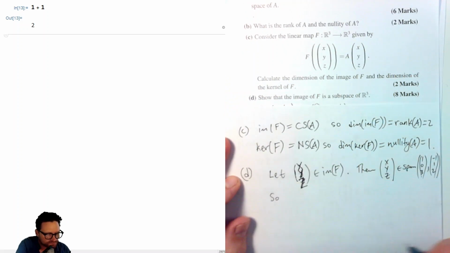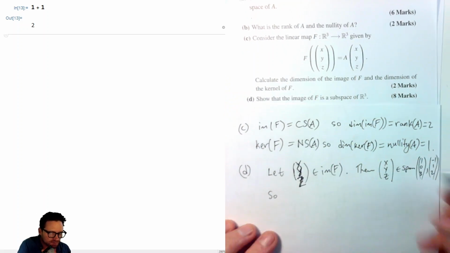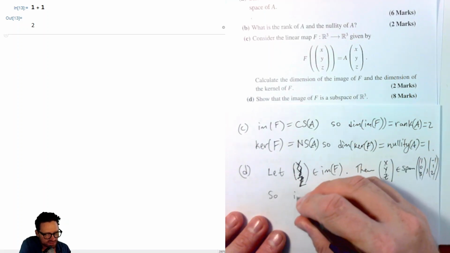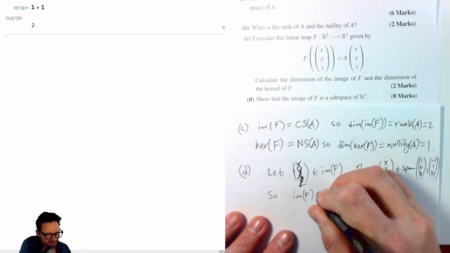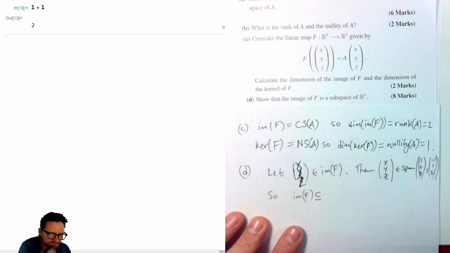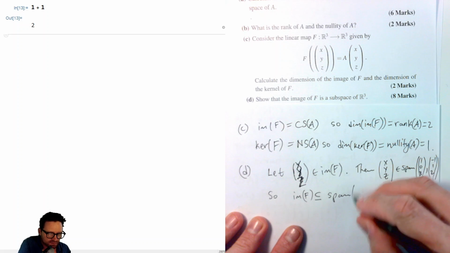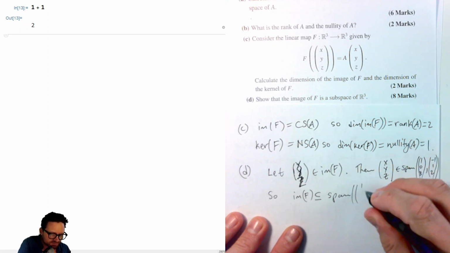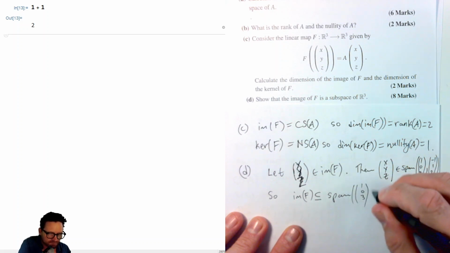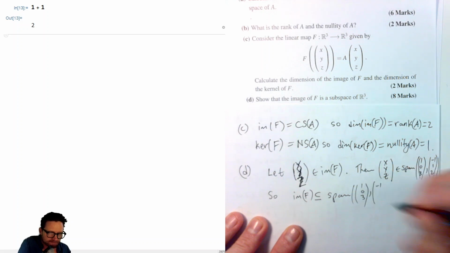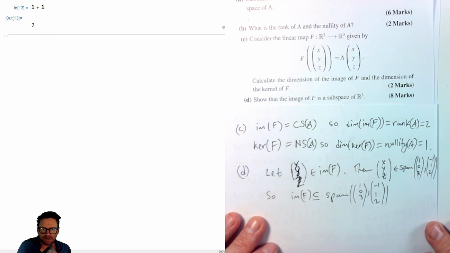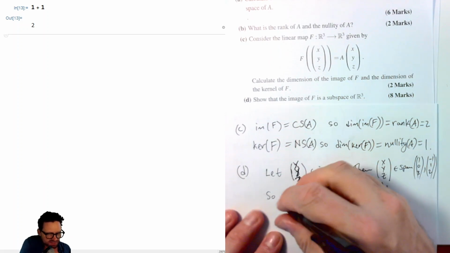And so we can see then that the image of F is a subset of or equal to the span of those two vectors. So let's call this W.